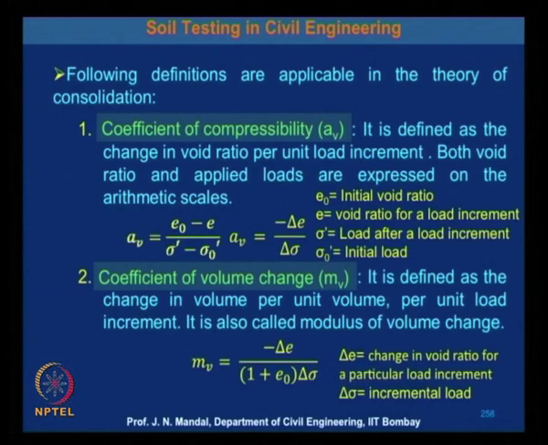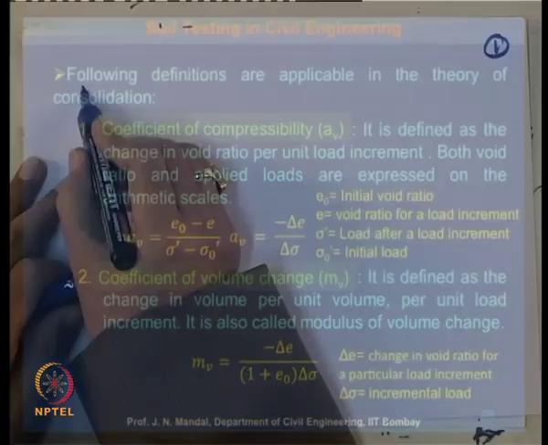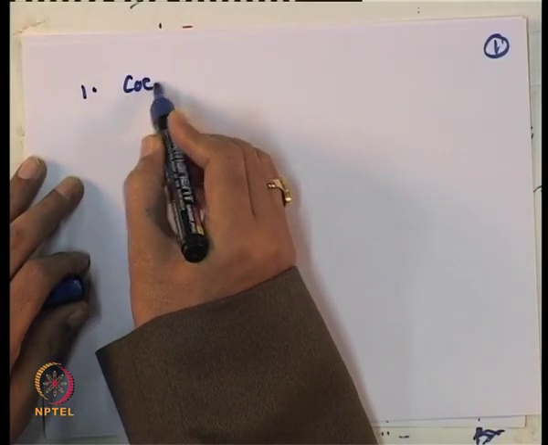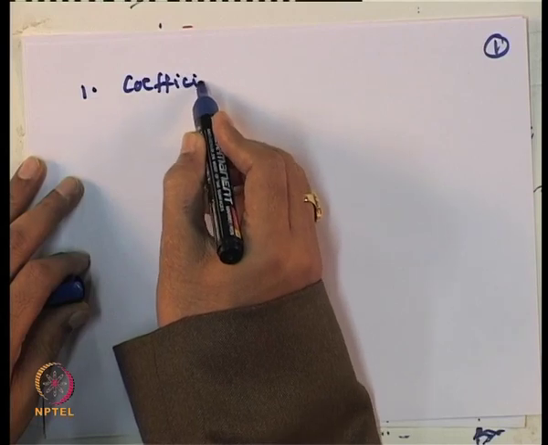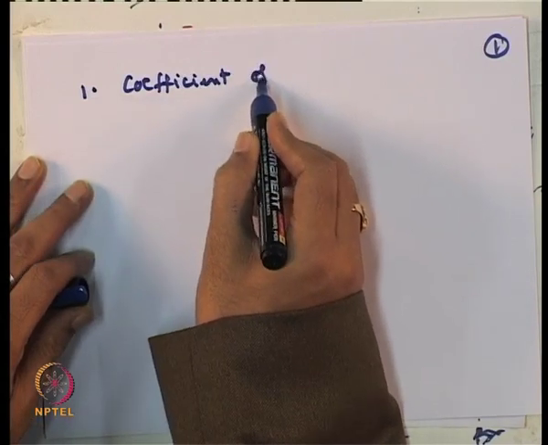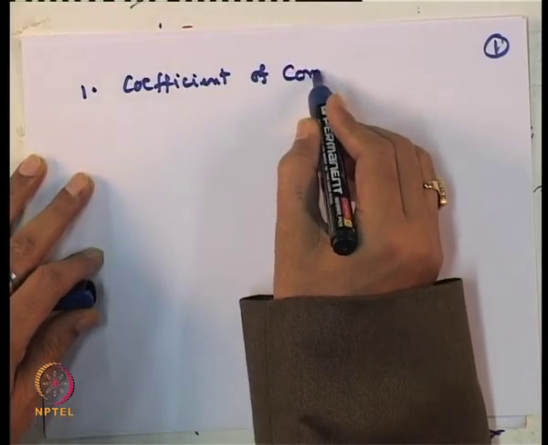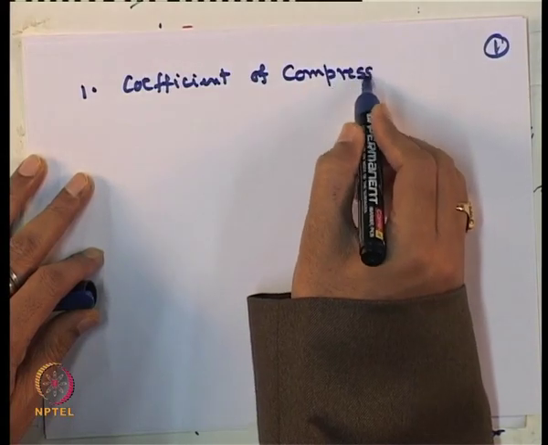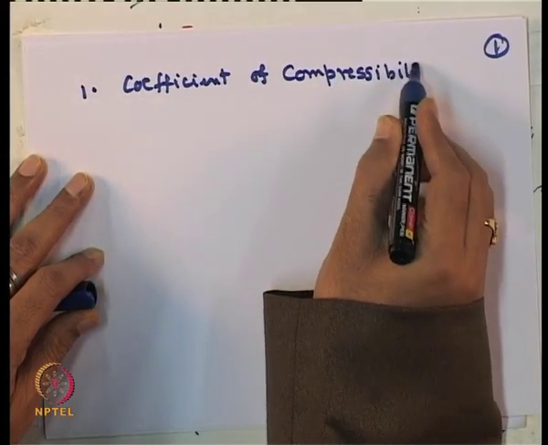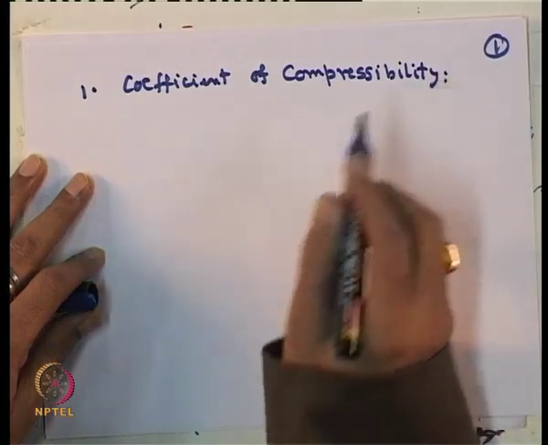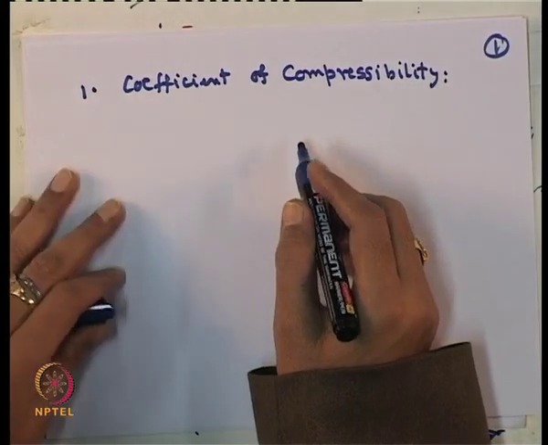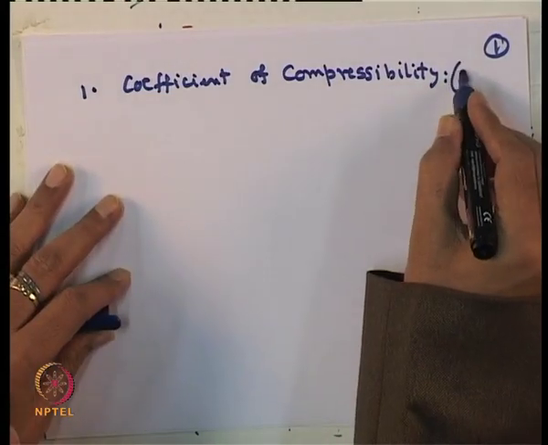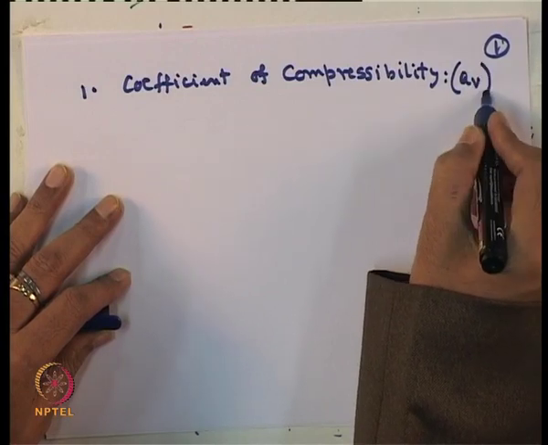The first parameter is the coefficient of compressibility. We will frequently use this term, coefficient of compressibility, which is designated as av.